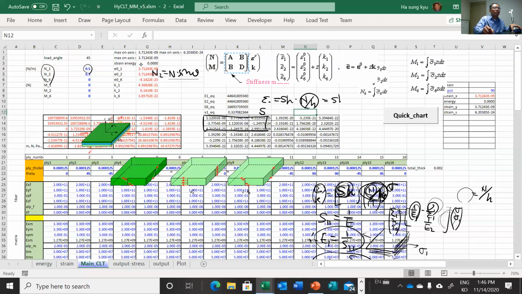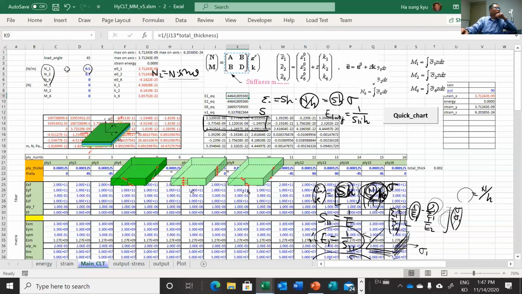So SH will be sigma, and epsilon 1 equivalent will be 1 over S11H. That is the equation we used.